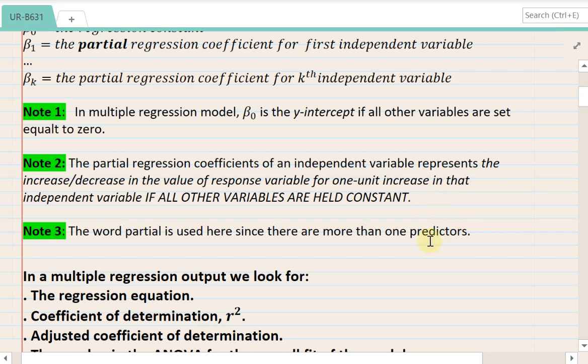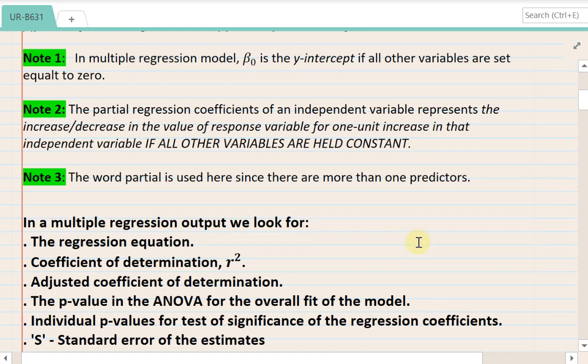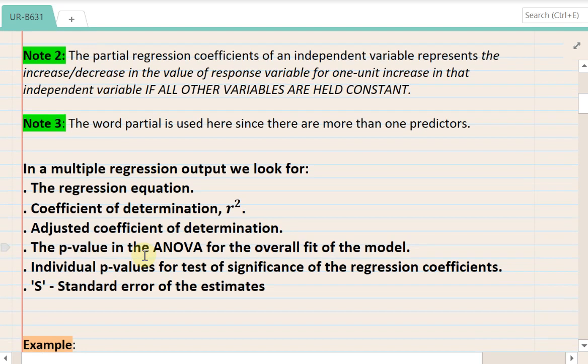Okay, so what do we look for in a multiple regression output? These are the things that we typically look for in an output. We're going to look at the regression equation. That would be the regression model, the fit for the response variable. We definitely look at the coefficient of determination, r squared. We do not look at r anymore, right?